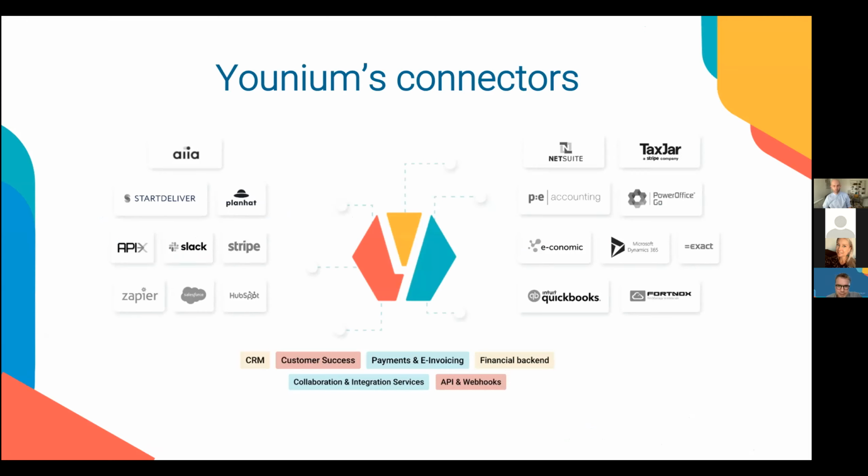For example, NetSuite, Microsoft Dynamics, financial operations, and Business Central, Exact, for example. Also, there are complementary integrations, for example in the US, if you're selling to the US or domestically in the US, we have an integration to TaxShare to handle the complex sales taxes there. And then on the CRM side, we have Salesforce, HubSpot, Dynamics customer engagement. So I think CRM systems and financial backends, we have a big focus on connecting to.